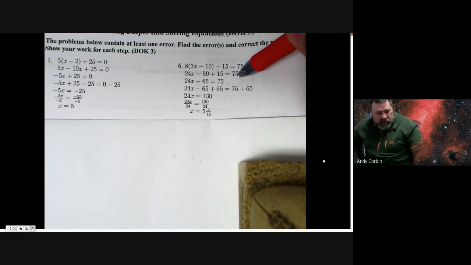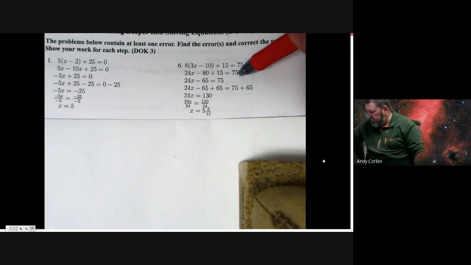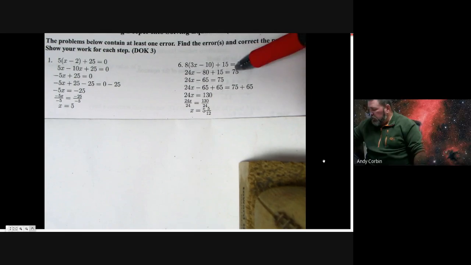Okay, somebody tell me what is the next step that they go from 2 to 3? Bailey? What was their next step from 2 to 3? I'm not sure what they did. Well, look at line 2 right here.